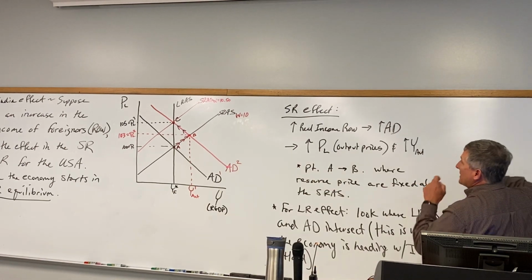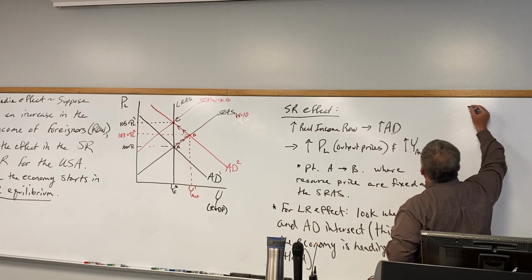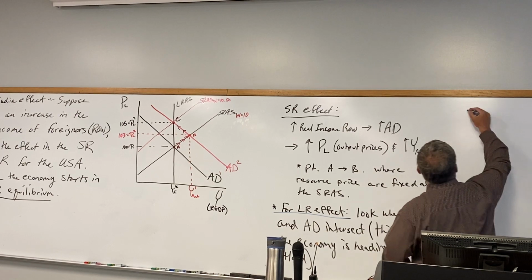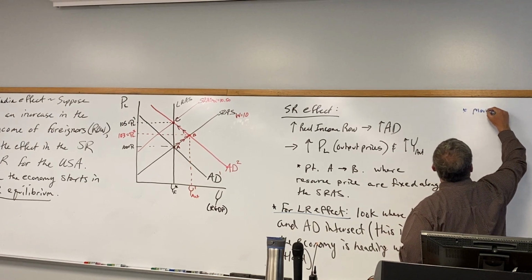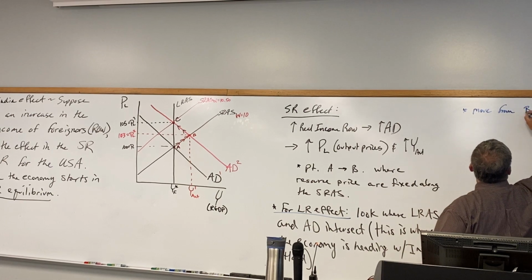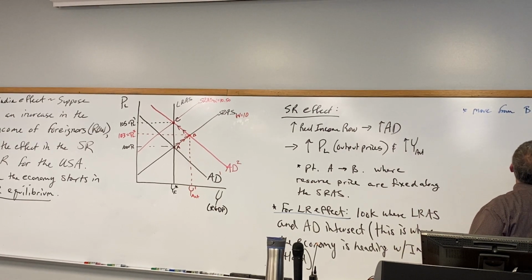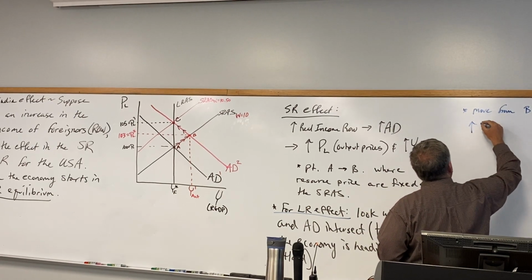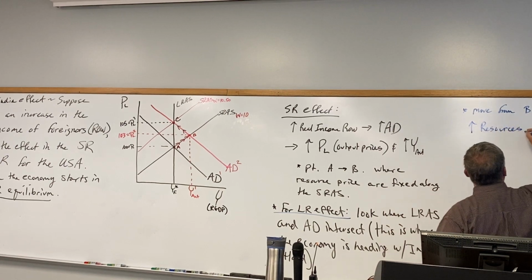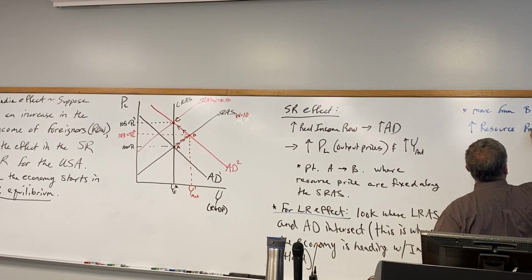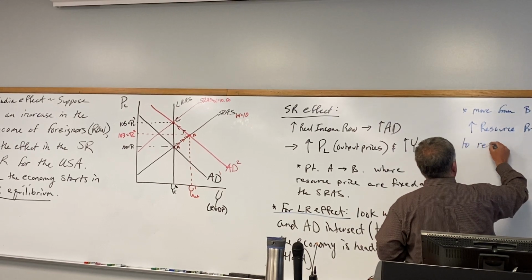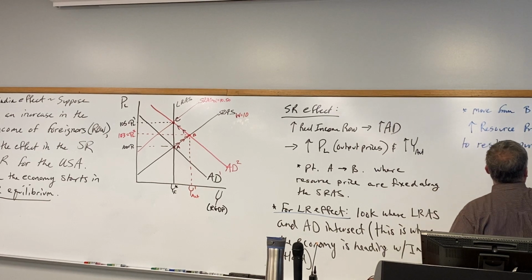All right, so let's see here. So here we go. So long-run effect, I guess I already kind of started this here, so I won't repeat it again. Long-run effect, we're going to move from B to C because there'll be an increase in resource prices. An increase in resource prices of 5% to restore purchasing power.